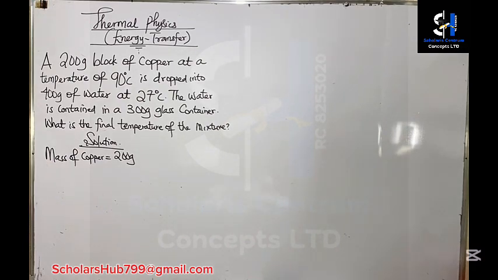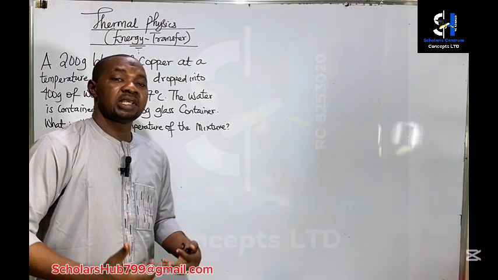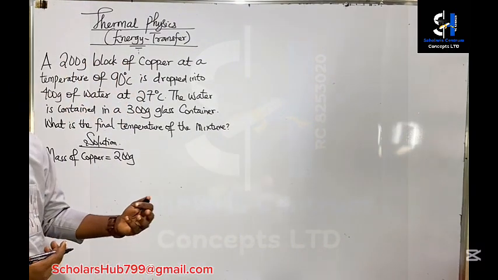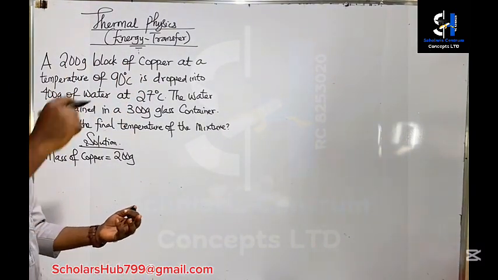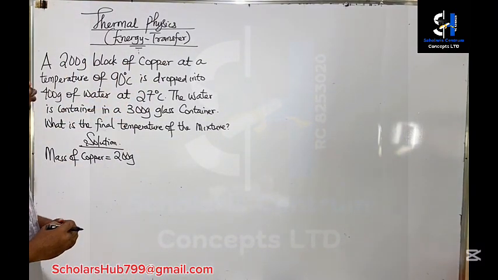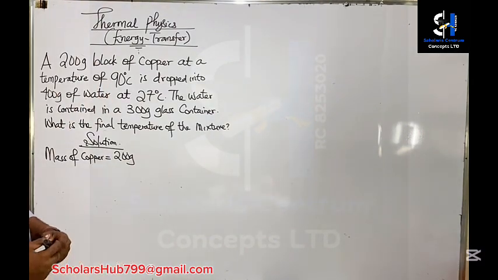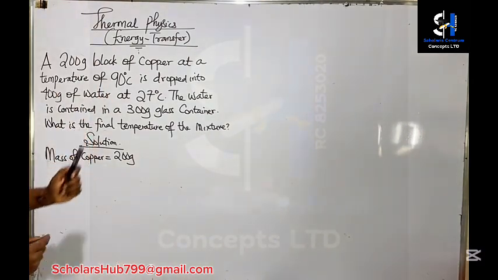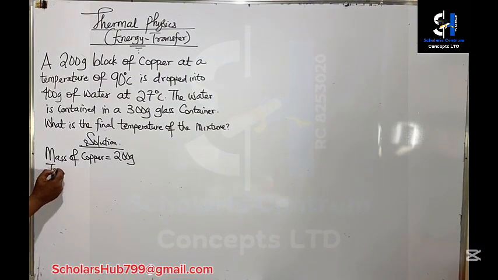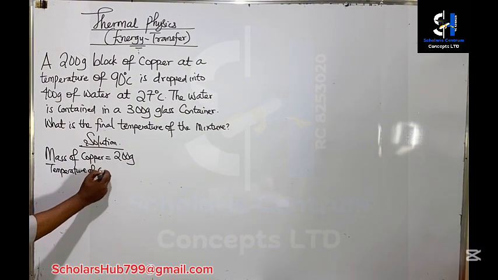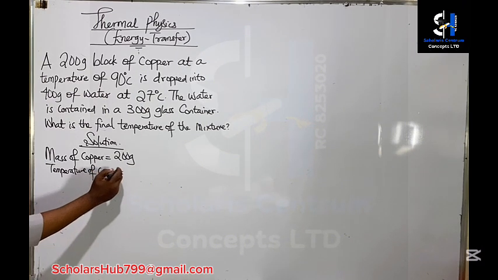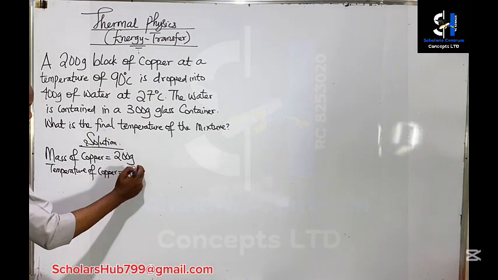Then we're also given the first temperature of copper, because the copper was heated to 90 degrees Celsius before it is dropped into the glass container containing water. So the temperature of copper is 90 degrees Celsius.